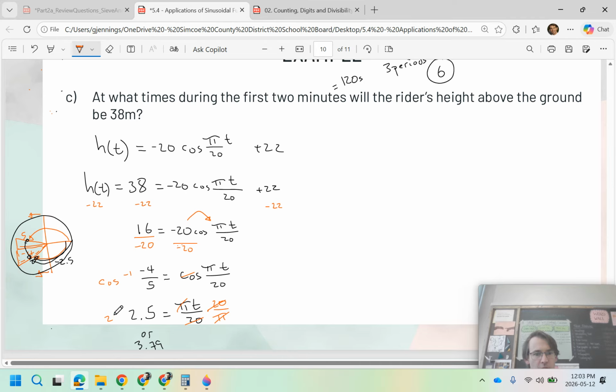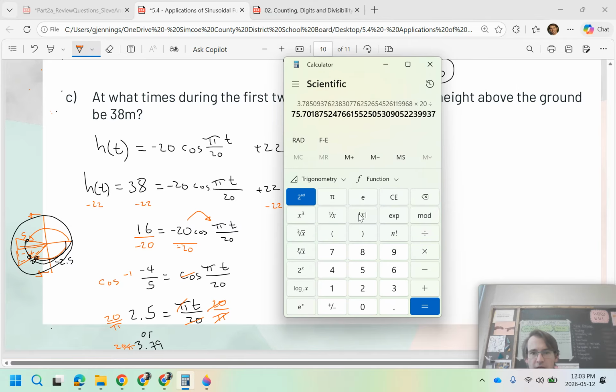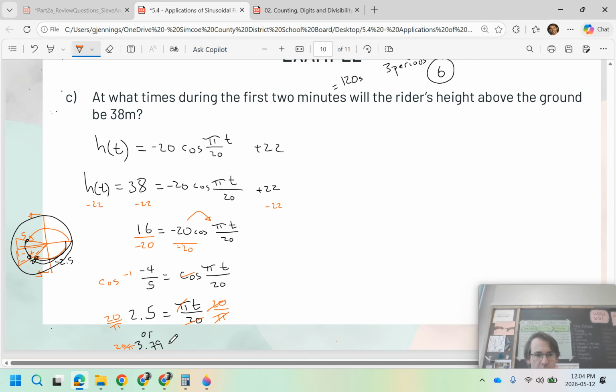We're actually doing that to both of these numbers over here. You're going to see me do it on the calculator. This times 20 divided by pi equals, we're at 24 seconds the first time this happens. Sorry, this is the second time this happens. Yeah, this was this number here.